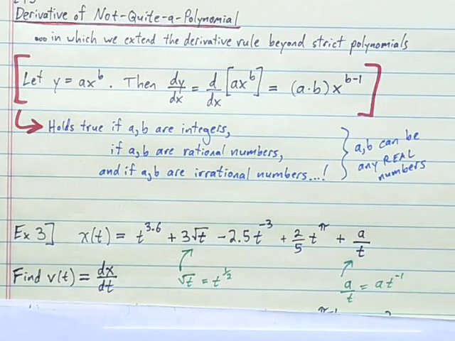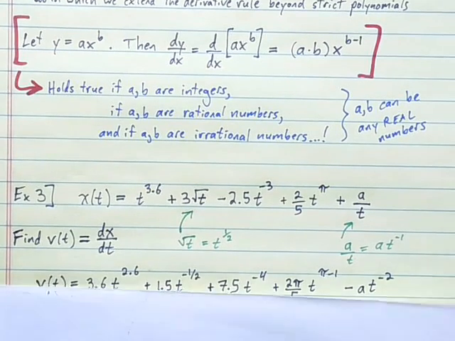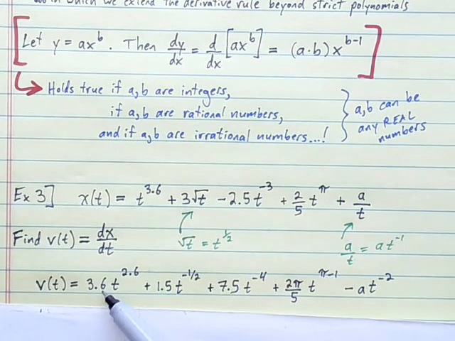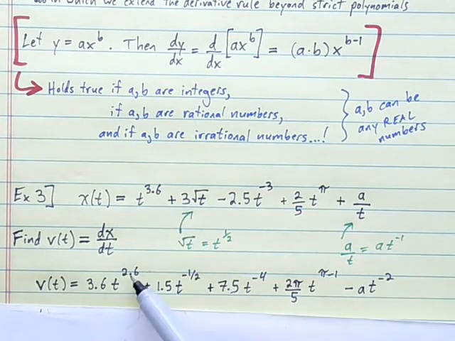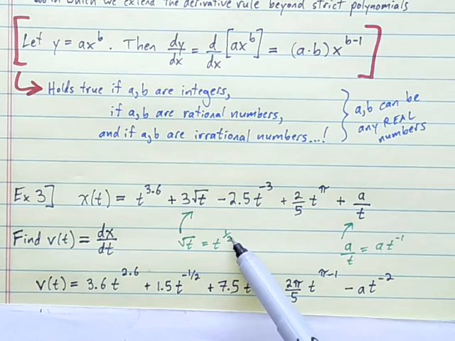Okay, ready? Here's the actual answer. We have here the t to the 3.6 became 3.6 times t to the 2.6. We just took this value and subtracted 1 to get the new exponent. 3t to the 1/2: 1/2 times 3 gave us 1.5, and 1/2 minus 1 is -1/2 right there.